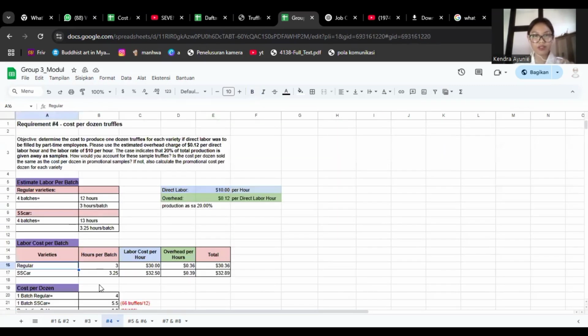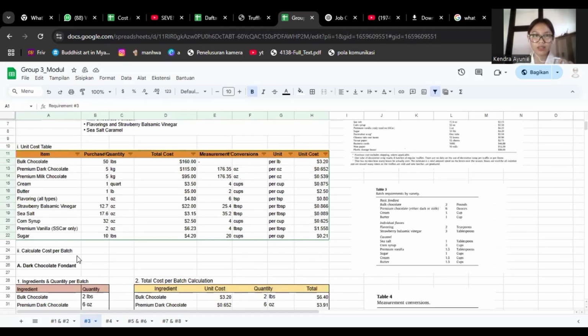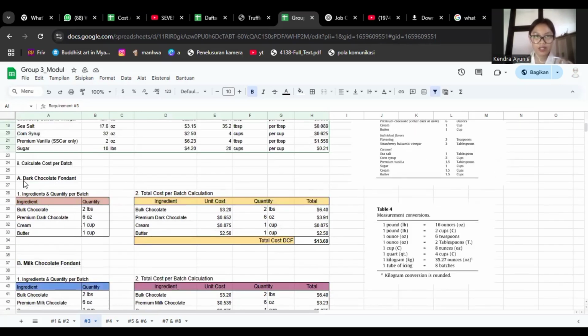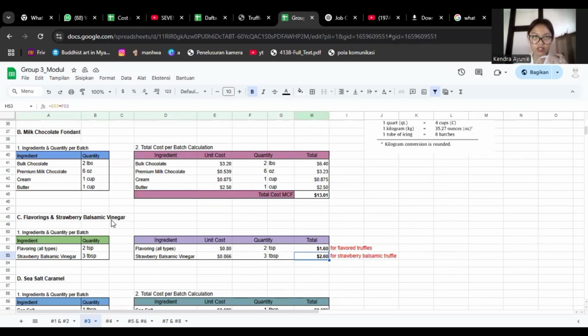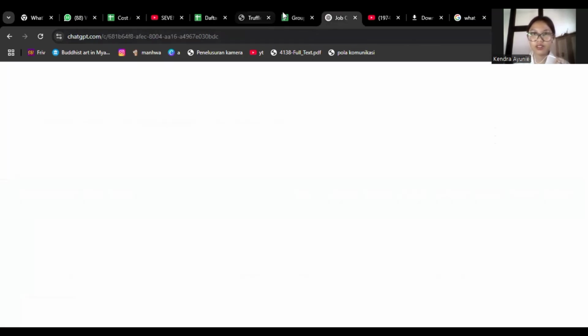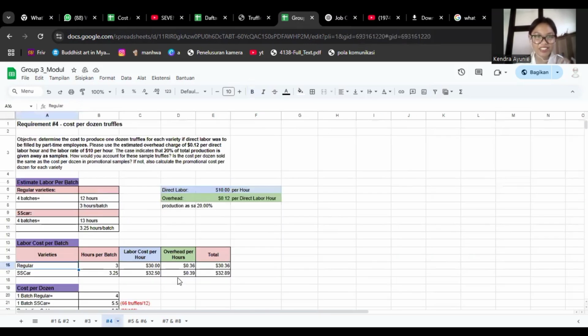The prices are going to be different because the ingredients for each variety are different. My task here is to count how much it costs per dozen.